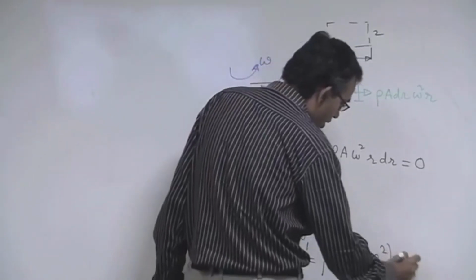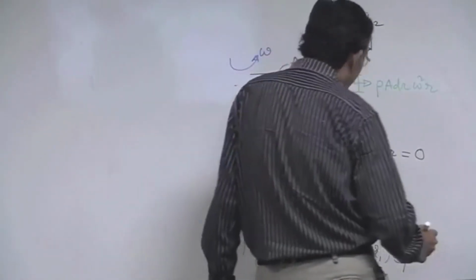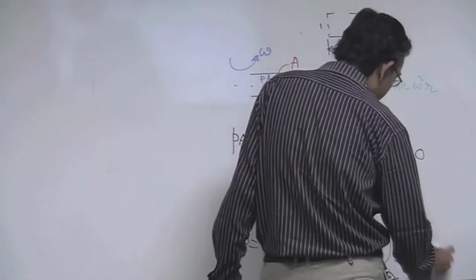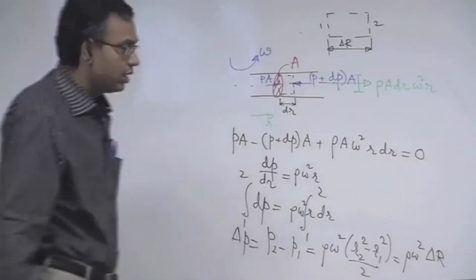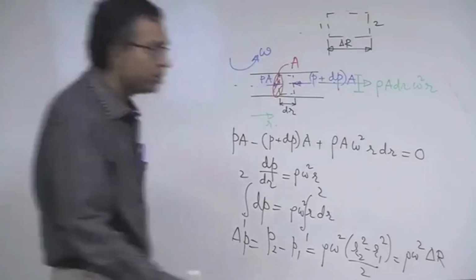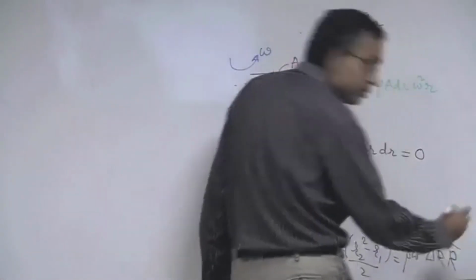So rho omega square into (r2 minus r1), that is delta r, into (r2 plus r1) by 2, that is r average.